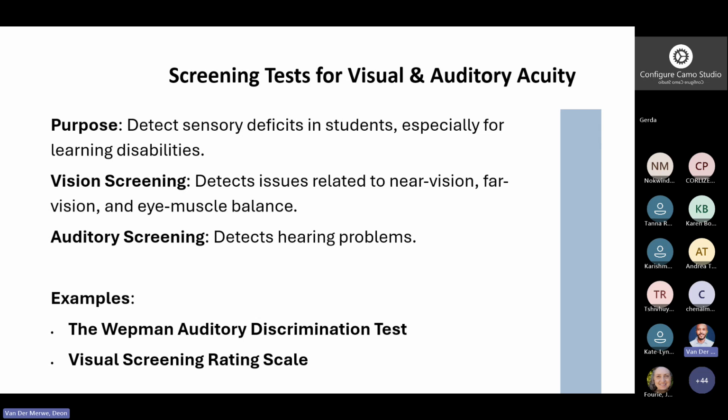Because if a learner doesn't pass these tests, they should be referred to a specialist, like an eye doctor or audiologist for further evaluation.